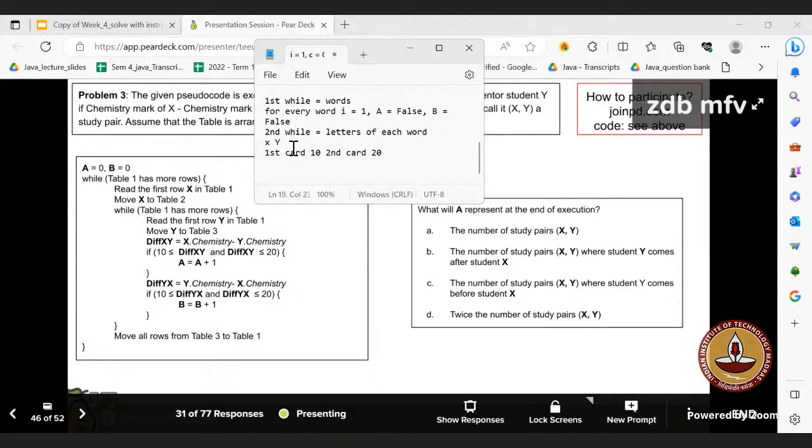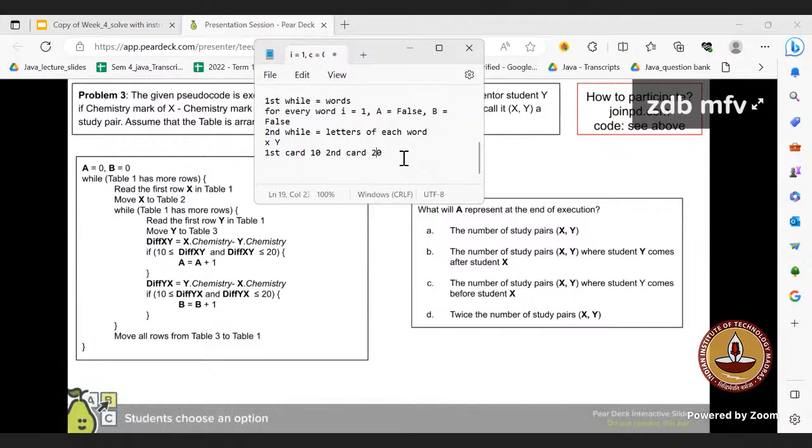In this arrangement, what will happen? X minus y, what will you get? Minus 10, so you won't count that pair. But if you do y minus x, then that will be already counted as a pair in B, no?